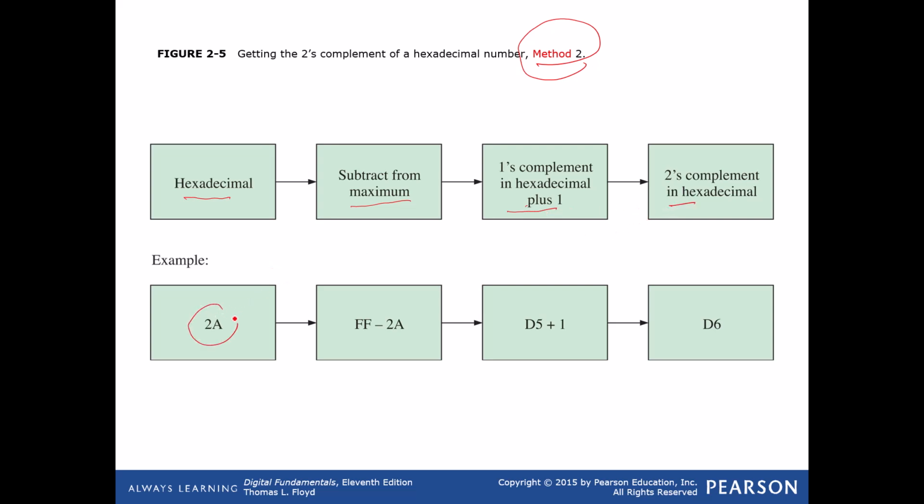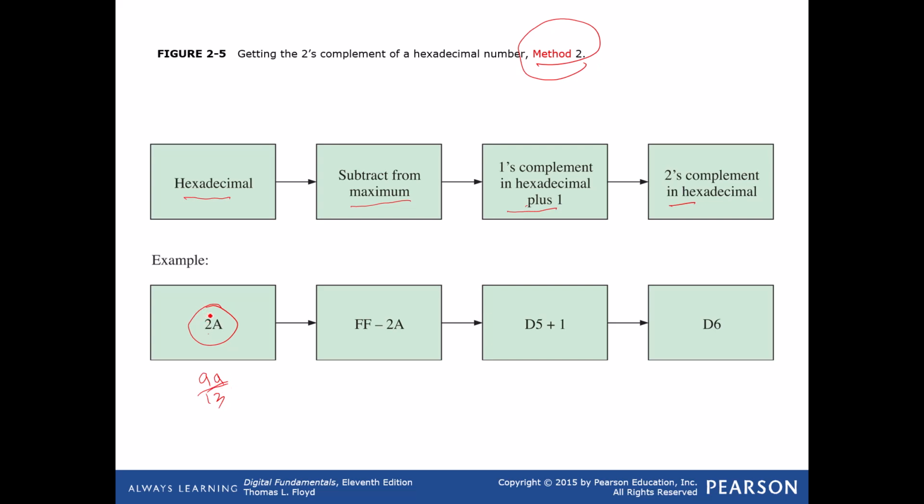Let's say again 2a. So 2a is 2 digits. What is the biggest number? For example, if somebody gives me 13 in decimal, what is the biggest 2-digit number? It will be 99, because 9 is the biggest digit in decimal.